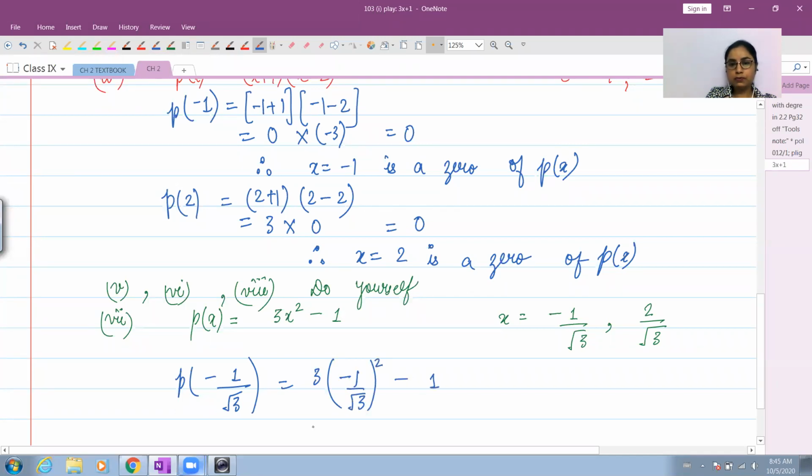solve your exponents before you solve your brackets or products.